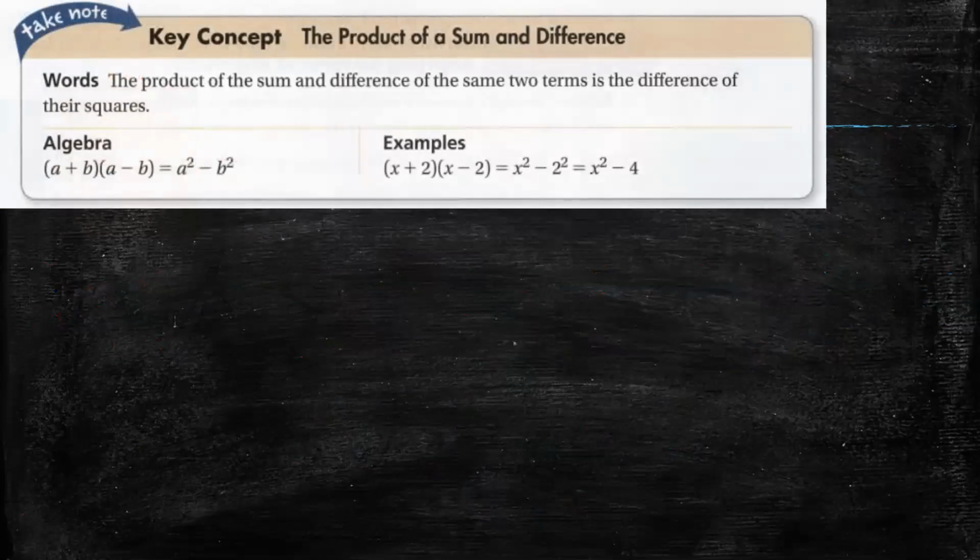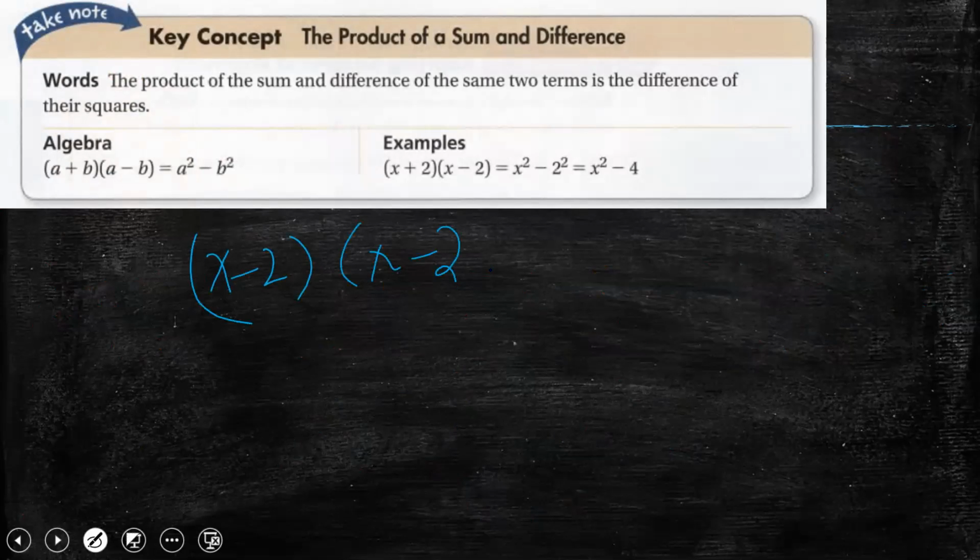Now, so by now, we learned how we can multiply x minus 2 times x minus 2. If you have these two binomials, and they are the same, look at them, they are the same. x minus 2, x minus 2. Difference times difference.